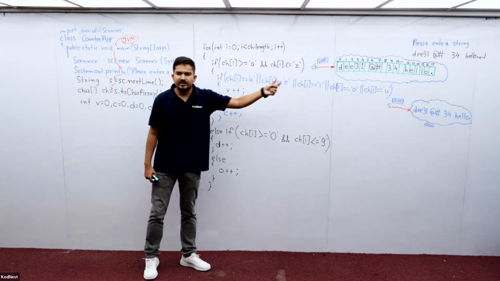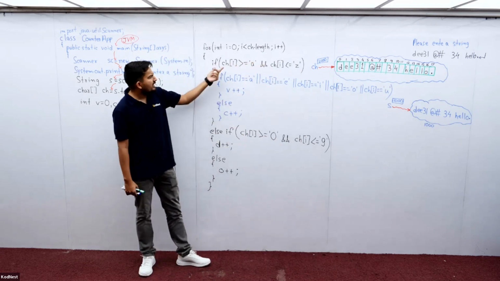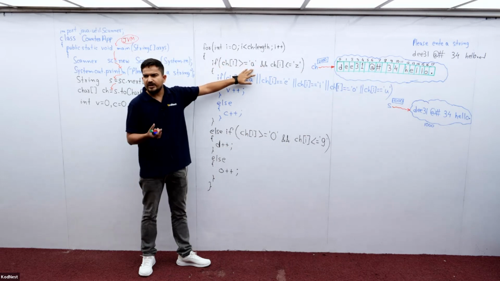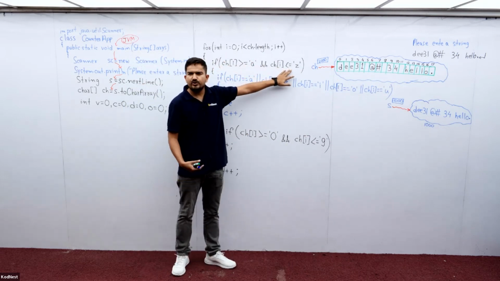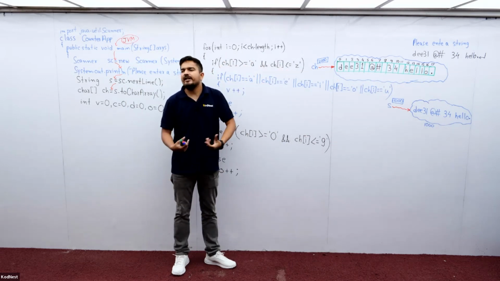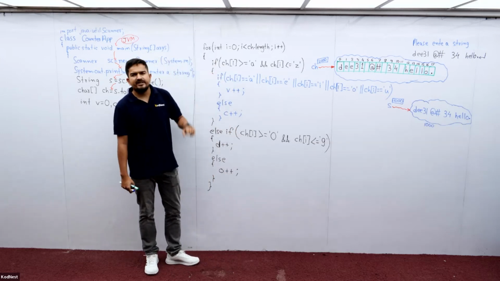While traversing, we are checking for some conditions. What conditions are we checking for? We are first checking if the Unicode value of the character is greater than or equal to the Unicode value of small a and less than or equal to the Unicode value of small z. That means if the character is lying between A to Z. If it is lying between A to Z, one more condition we are checking.